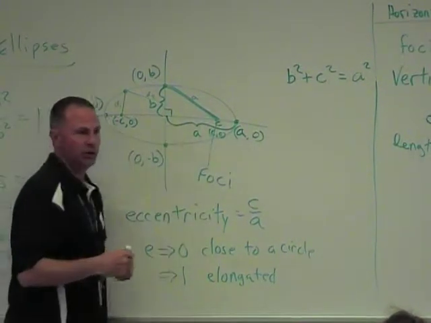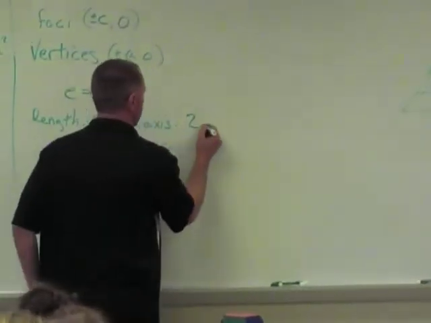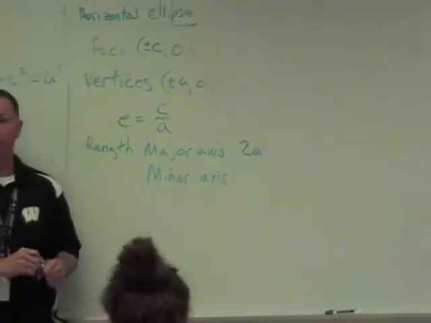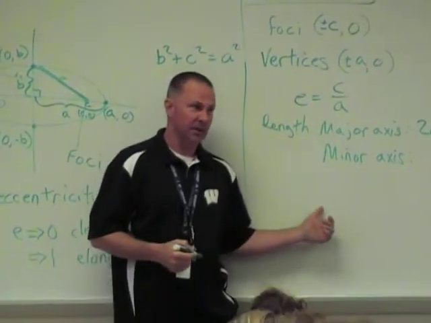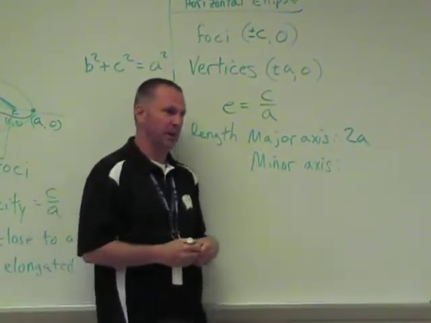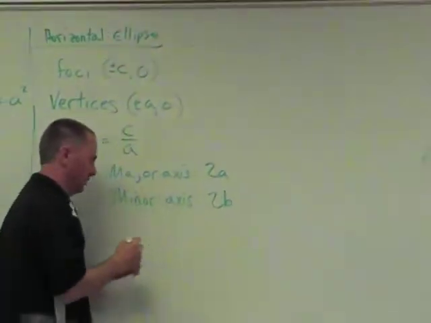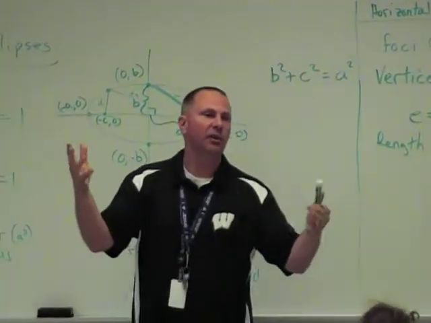There's two of them, so 2a. That's the major axis. So for the first four things, you only need a and c. What's the minor axis? 2b. So those 5 things, and then you've got to graph it.